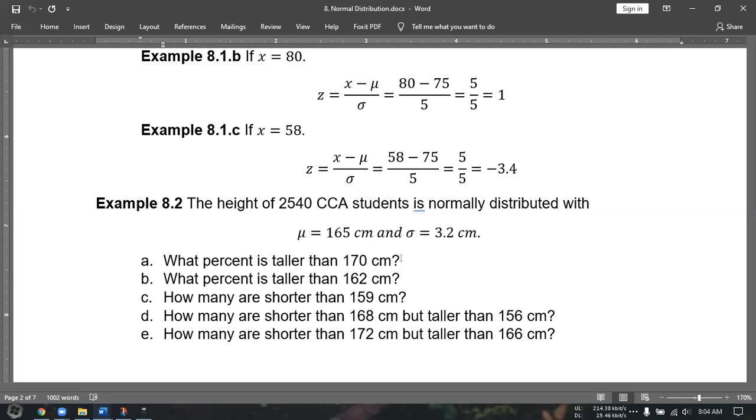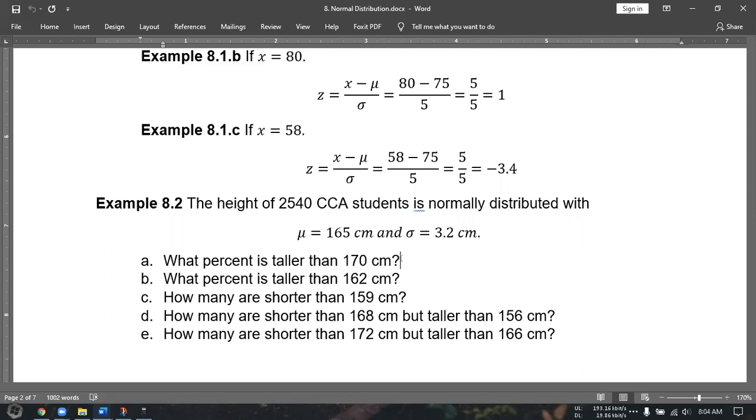First things first, you have to convert the given scores into their standard scores, the z-scores. Second, you have to illustrate the problem in the normal curve.